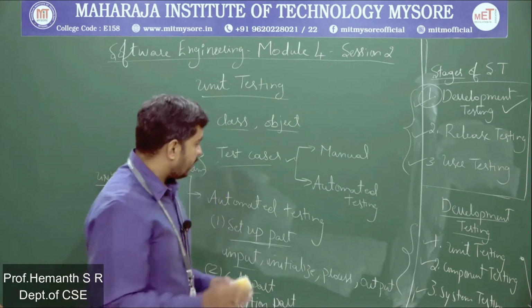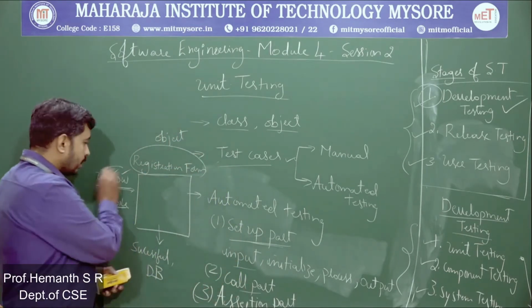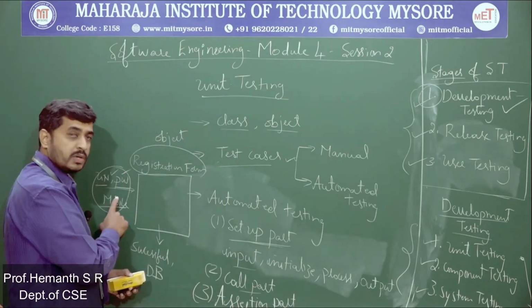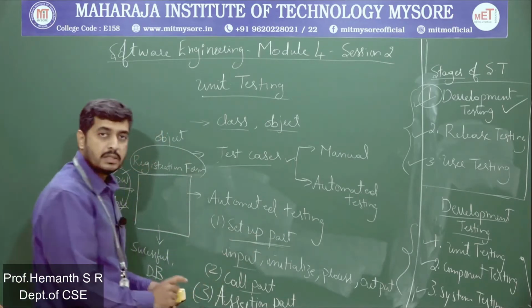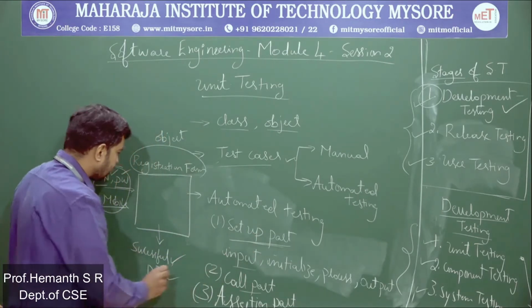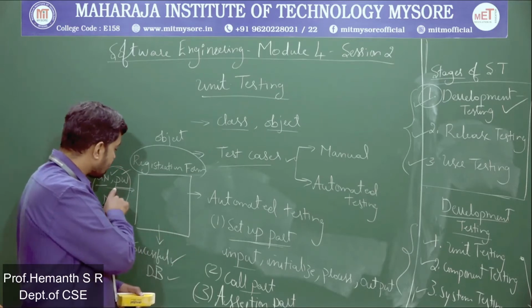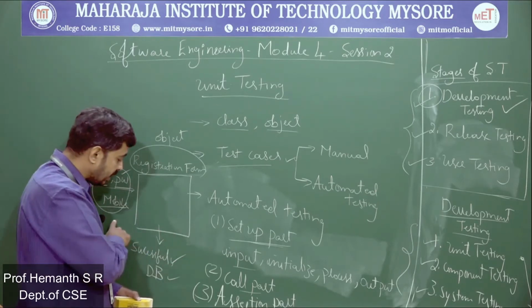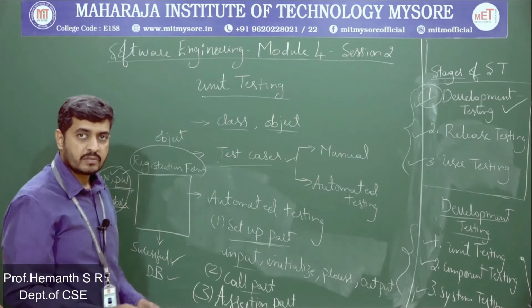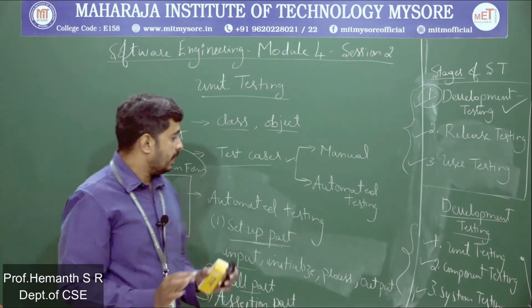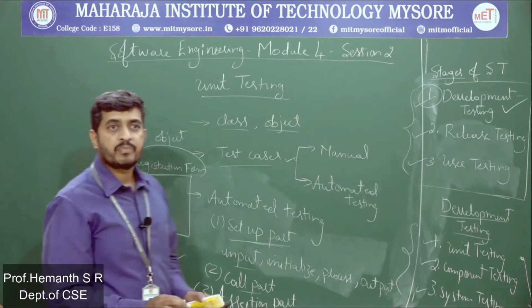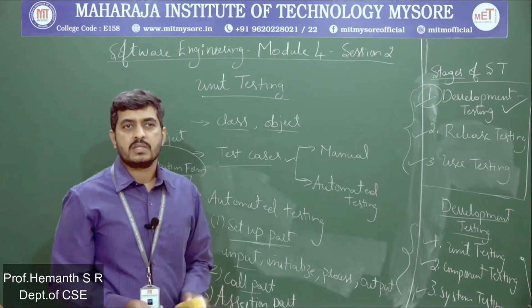And if, for the sample input that was decided upon in the setup part, this happens, meaning the user successfully registers and his details are stored in the database, then we call the test case successful.